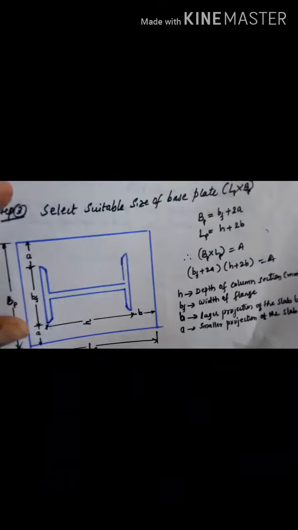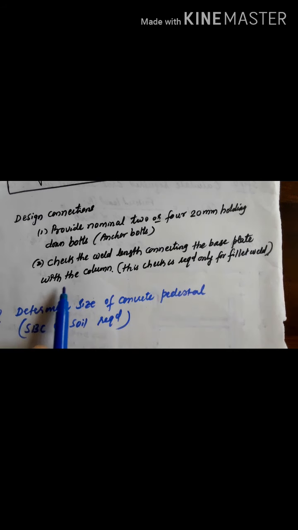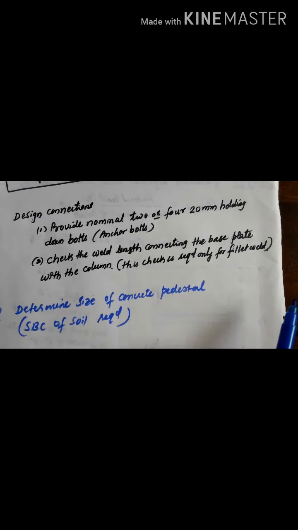To connect the base plate you need to do the welding, this side welding, and how much length of weld is required to connect here, or here. You need to do the welding because the column is to be connected to the base plate. So that welding length needs to be checked. This check is required only for the fillet weld.